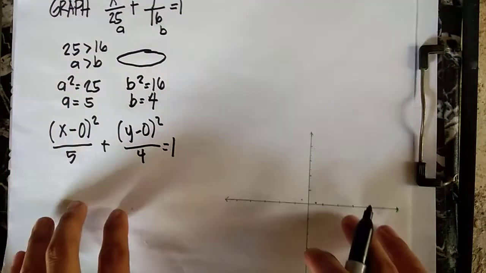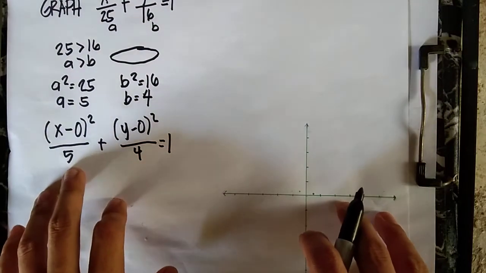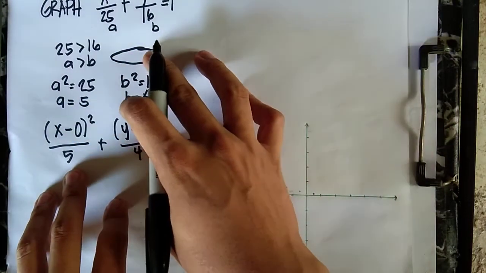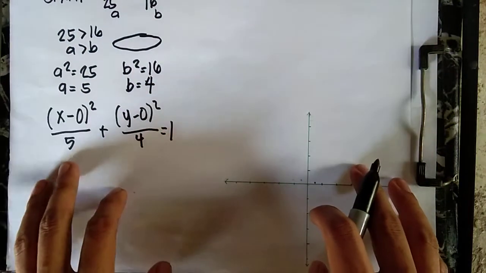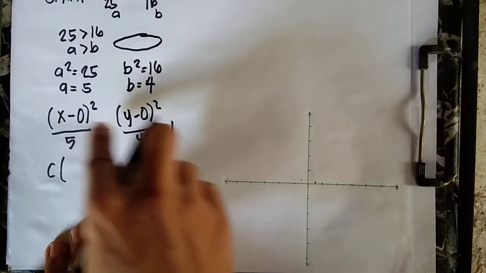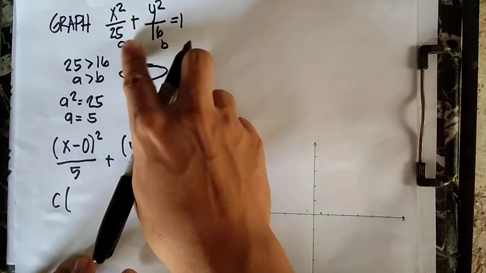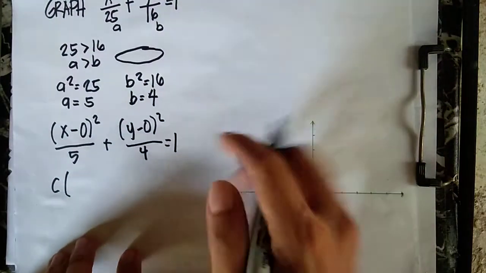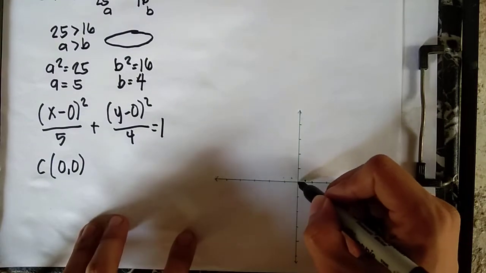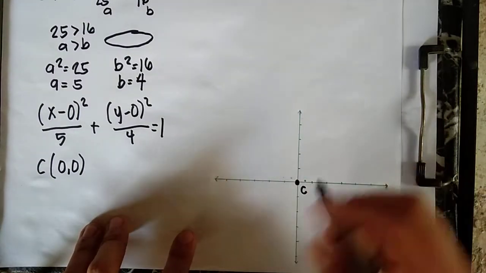Since yung ating a ay 5 at horizontal yung ating magiging graph, and we know na since walang kasamang coefficient yung ating given, ang ating center is at the origin, which is equal to 0, 0. So ito yung ating center.